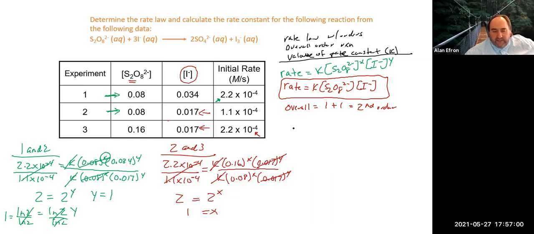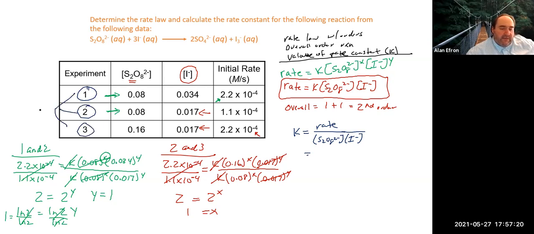And if we rearrange it in this case, K would equal the rate divided by the S2O8 2- and the I minus concentration. Putting in our numbers, which we could absolutely take experiment 1's information to R3.